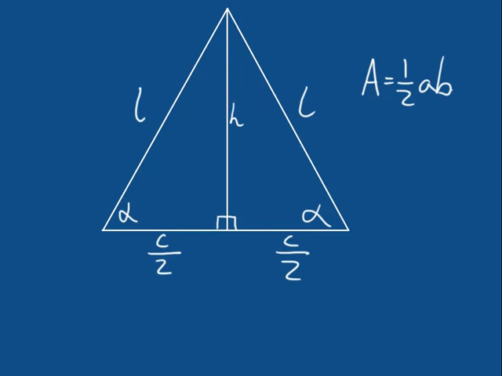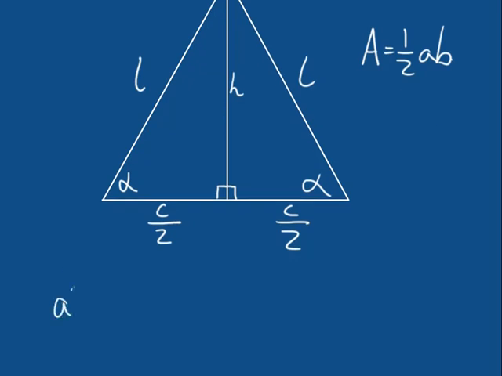Well, this is where Pythagoras' theorem comes in. We know that given our hypotenuse, L, it's the hypotenuse because it's opposite that right angle, and given the value for c over 2, we can use those to calculate the remaining edge, length of the edge, in our right-angled triangle. So let's write out Pythagoras' theorem.